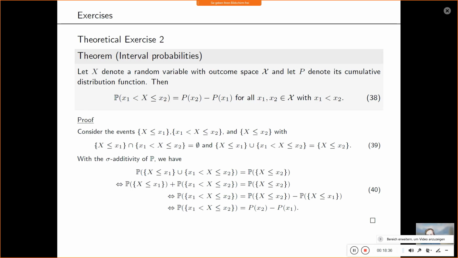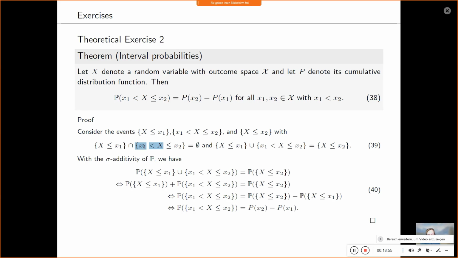These events have certain properties, namely first, the event x smaller or equal to x1 is disjoint from the event that x is larger than x1.